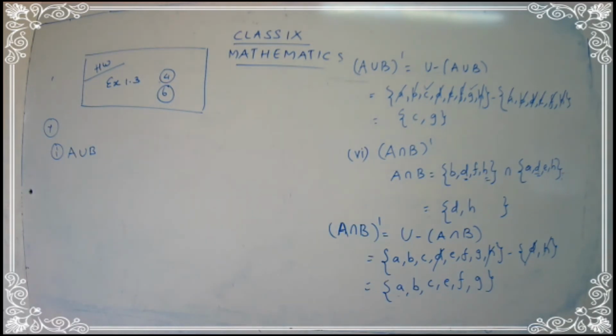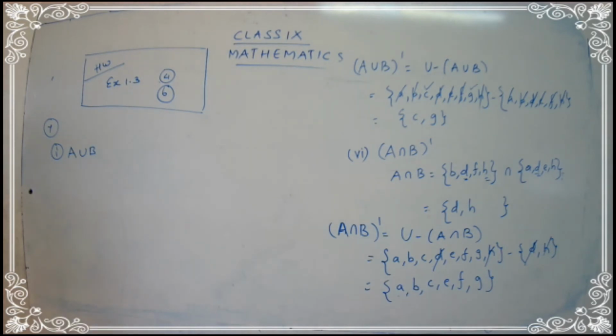I hope you have taken down the question. Let A and B be 2 overlapping sets and the universal set be U. So you have to consider your universal set also. Draw appropriate Venn diagram for each of the following.